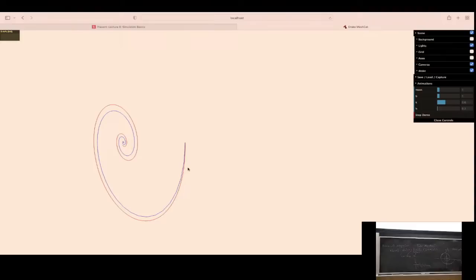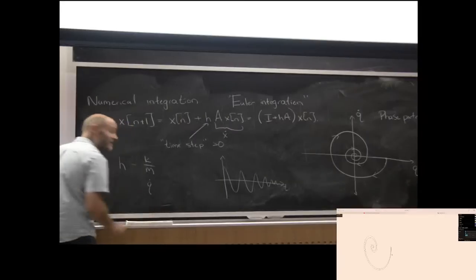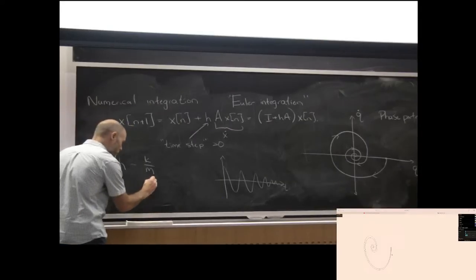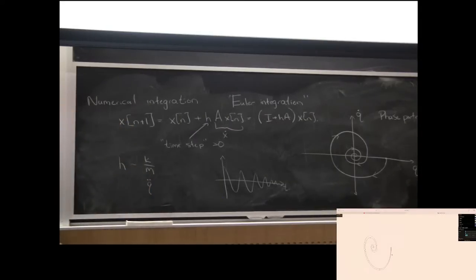So the thing that matters is h relative to k over m. These are the accelerations, the nominal q double dot. This is the stiffness divided by mass.